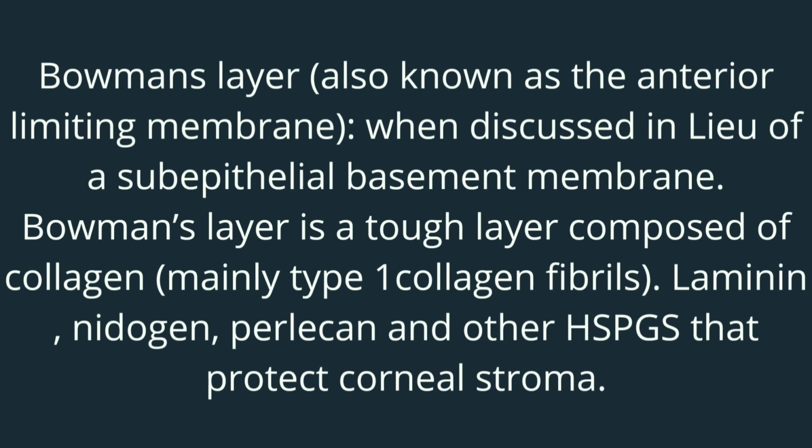Bowman's layer, also known as the anterior limiting membrane, when discussed in lieu of a subepithelial basement membrane, is a tough layer composed of collagen, mainly type 1 collagen fibrils, laminin, nidogen, perlecan and other HSPGs that protect the corneal stroma.